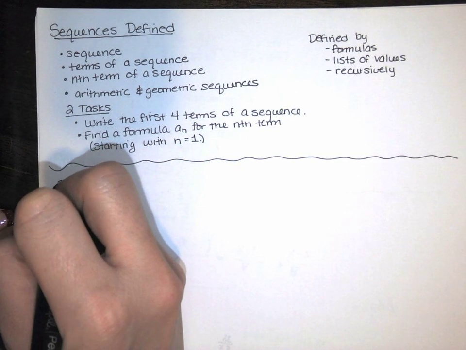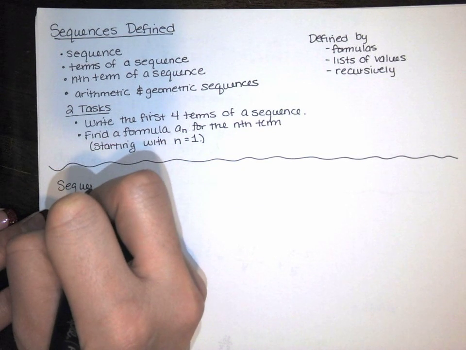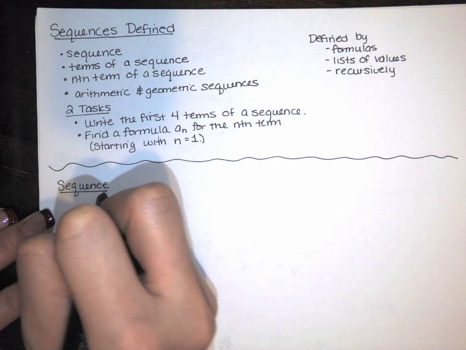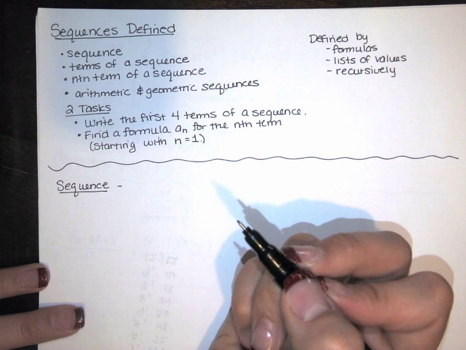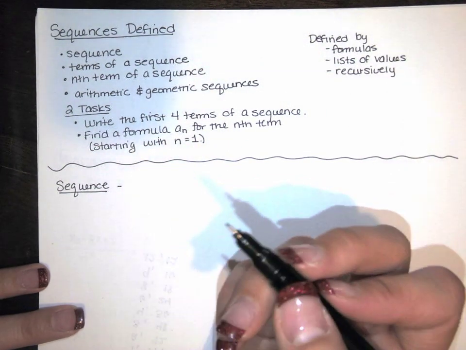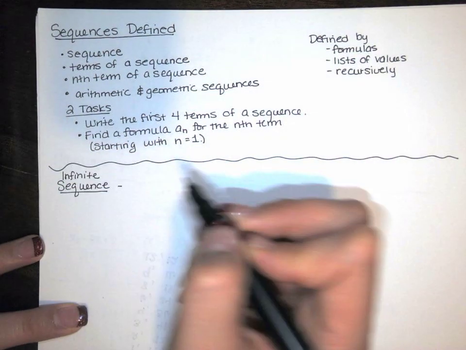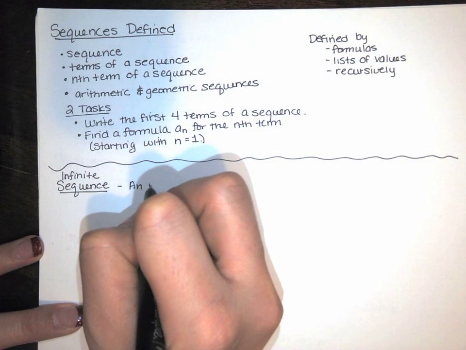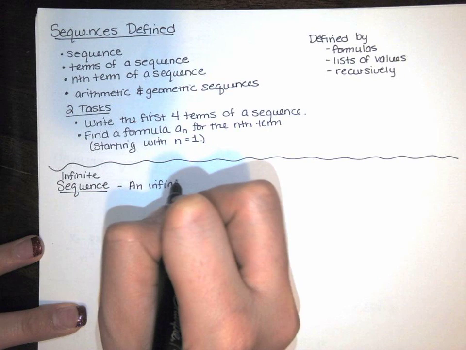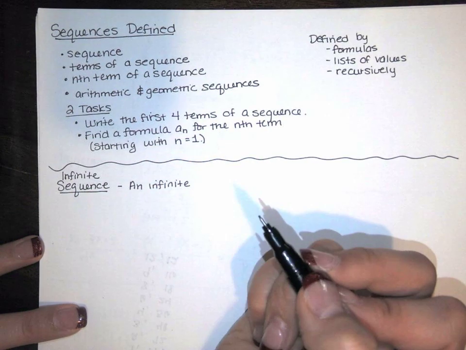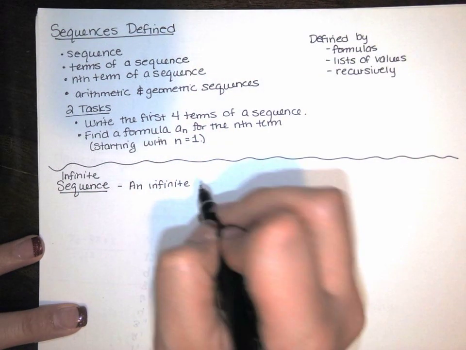So we're going to say that a sequence is an ordered list of numbers, and we're going to be dealing with infinite sequences. So this is going to be infinite, so it goes on forever. There are going to be dots at the end because I can't write them all.